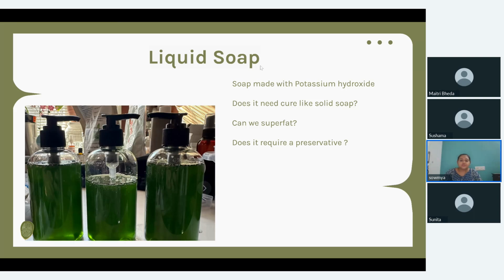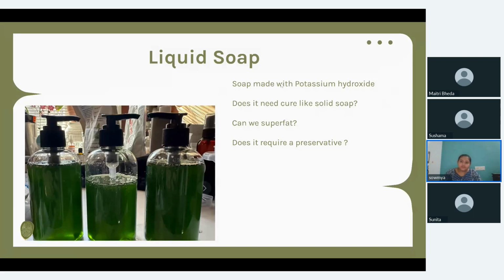Let's start with liquid soap. So what is liquid soap? As I have already told, it is soap made using potassium hydroxide. But there is another way of making liquid soap, called the dual lye method, where they use both potassium hydroxide and sodium hydroxide.